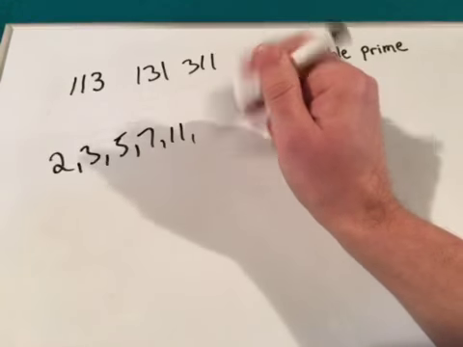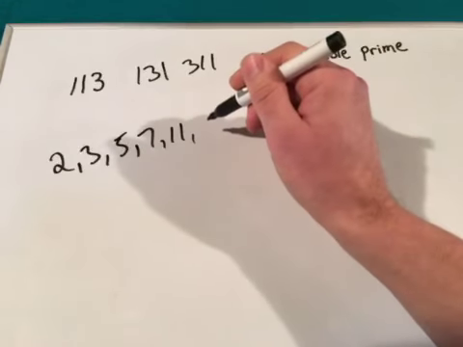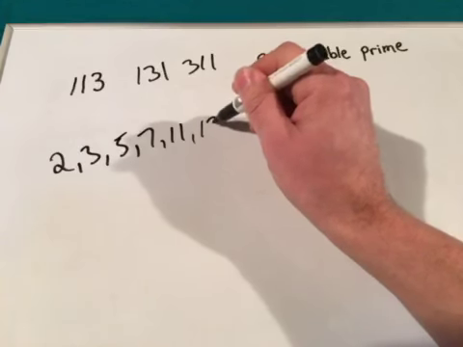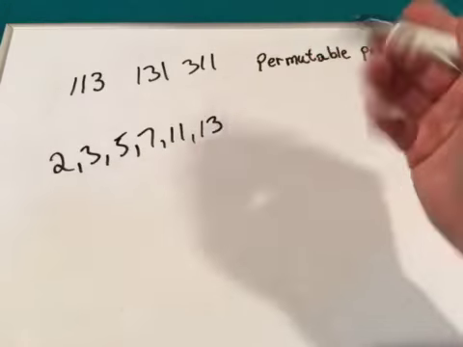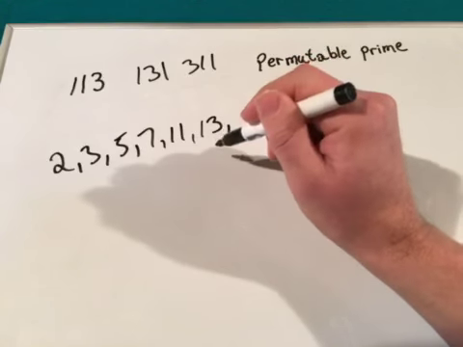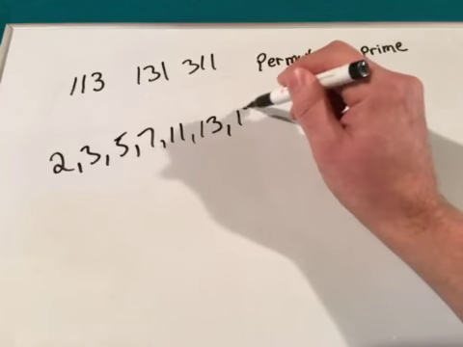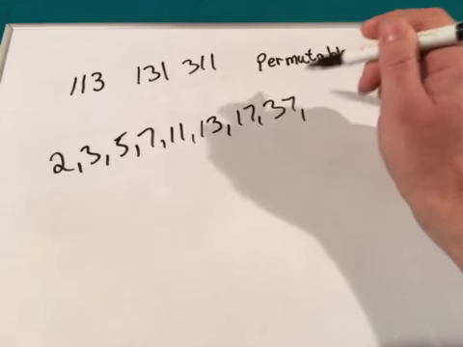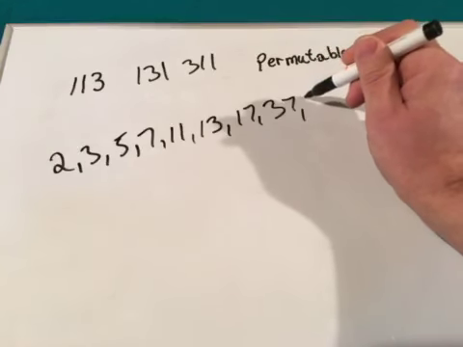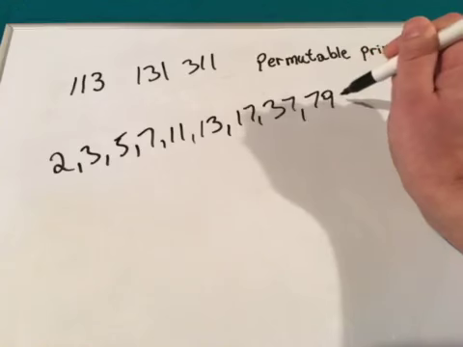But then I think the next number would be 13, right? Because 13 and 31 are both prime. And then I believe we have 17, 37, I think 79.